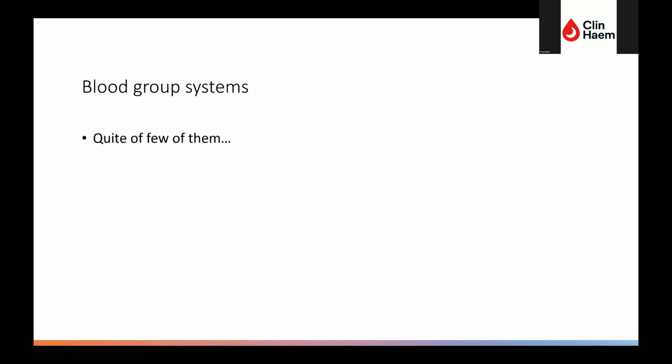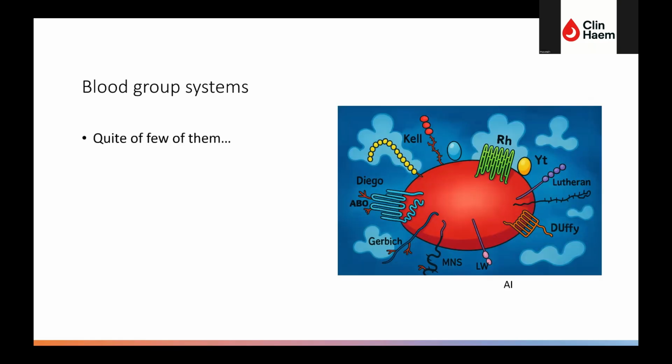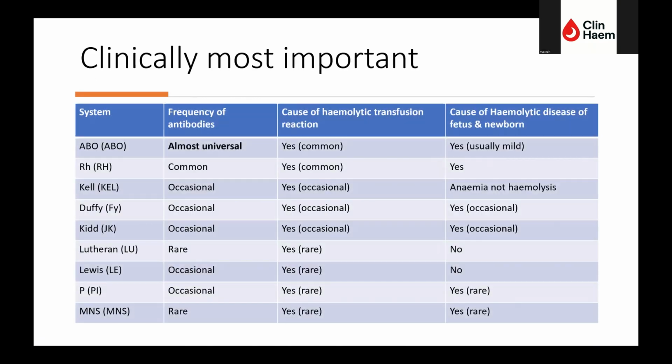The first thing about them is that there are actually quite a few of them, countless blood group systems, but there are some of them which are more clinically important. When we say clinically important blood groups, we mean in the context of causing clinically significant hemolytic transfusion reactions or hemolytic disease of the fetus and newborn.